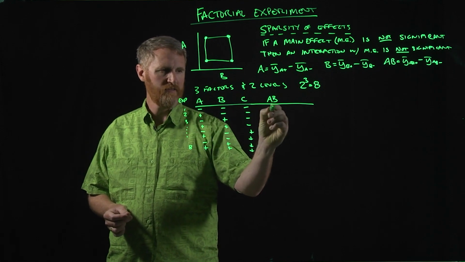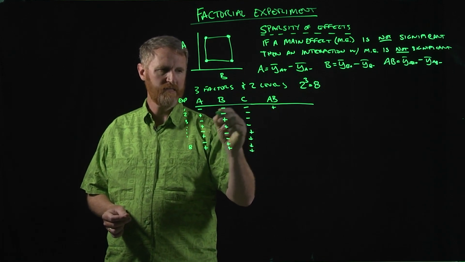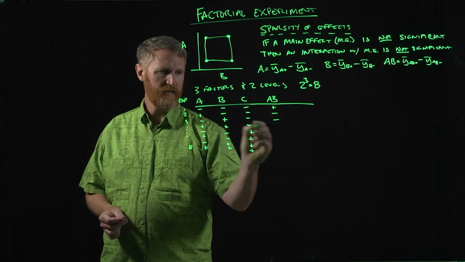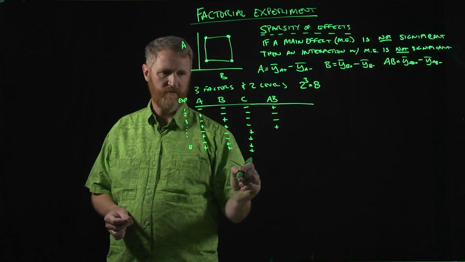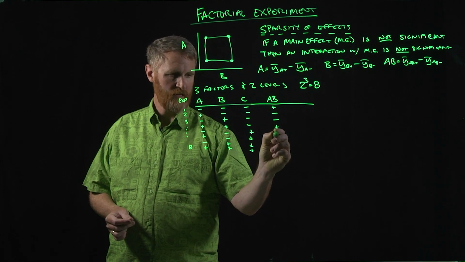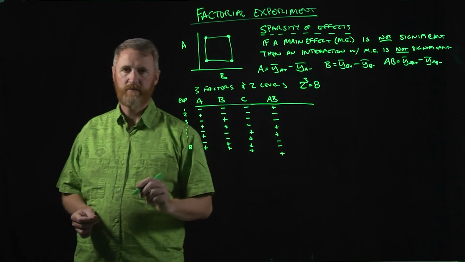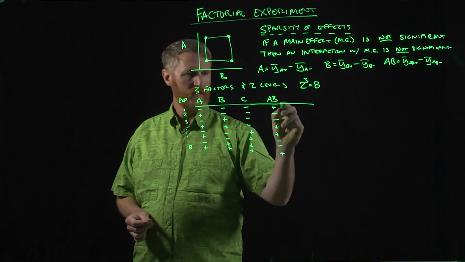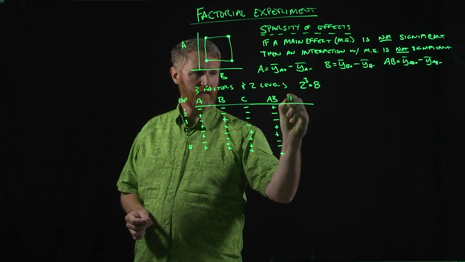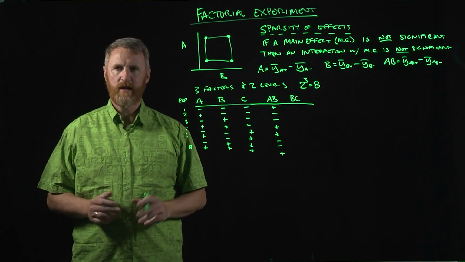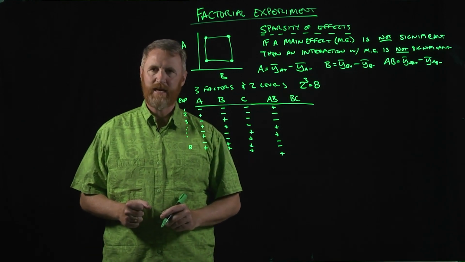So a negative and a negative is a positive, a negative and a positive is a negative, a positive and a negative is a negative, and a positive and a positive is a positive, and so then we would do the same pattern here: positive, negative, negative, positive. Okay? What I would like you to do is calculate the interaction for BC. So just pause the video for a minute and go through and calculate the BC interactions.